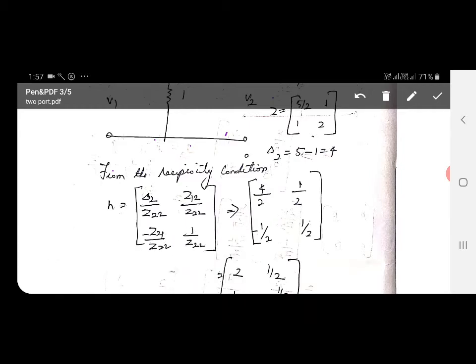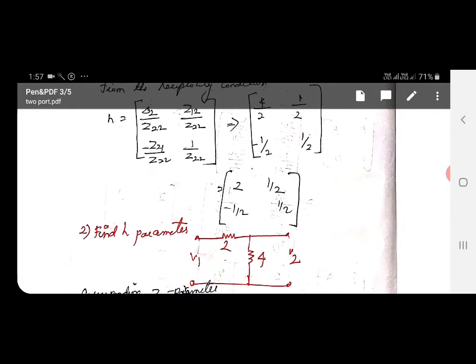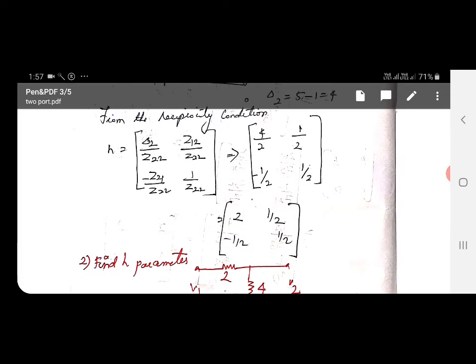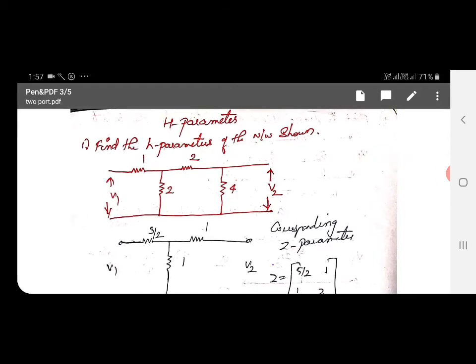Then we substitute the obtained del Z value and the corresponding Z parameter values in this equation, and we obtain 2, 1 by 2, minus 1 by 2, 2. This is the final H parameter matrix for the given network shown.